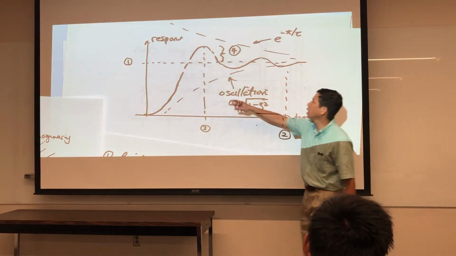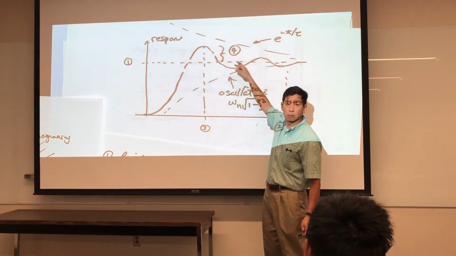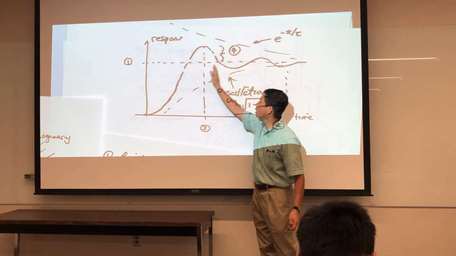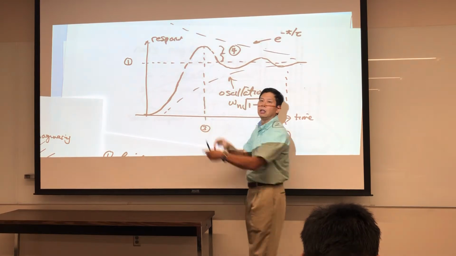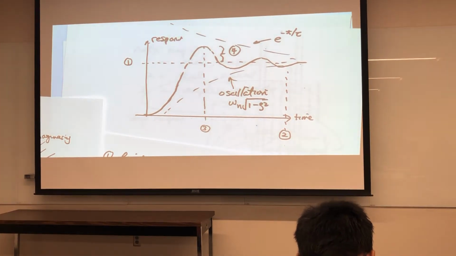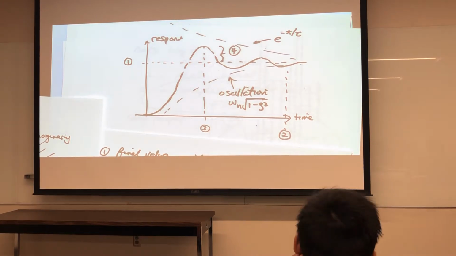But the units of omega are radians per second. I'm more interested in time, like the period, so I have to convert omega to frequency and get the period. There's a 2 pi involved.